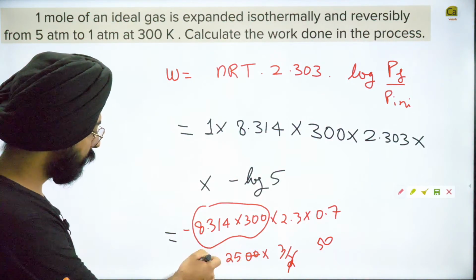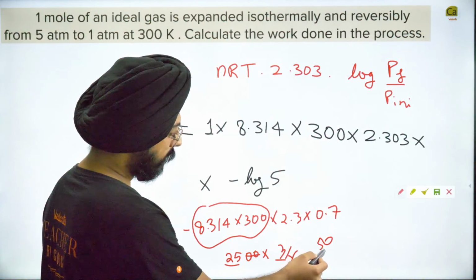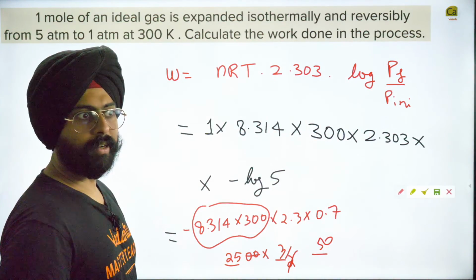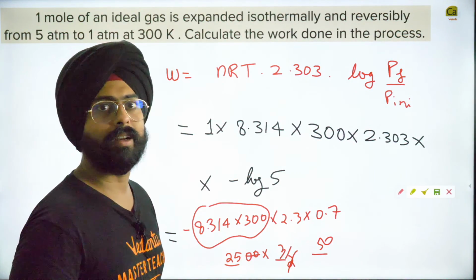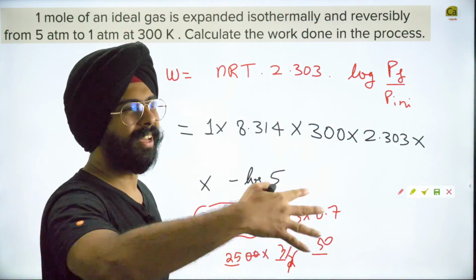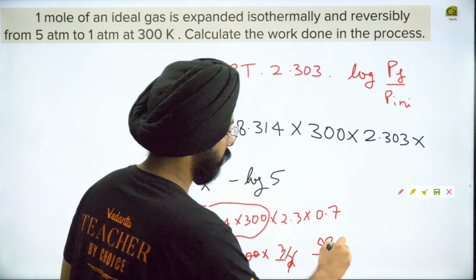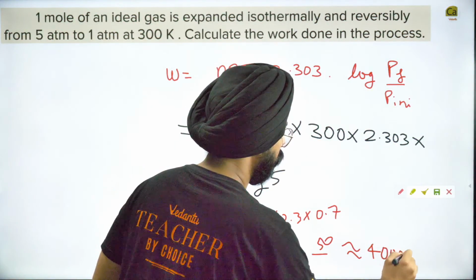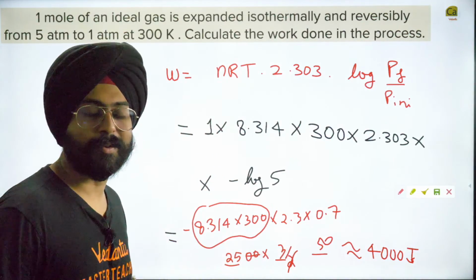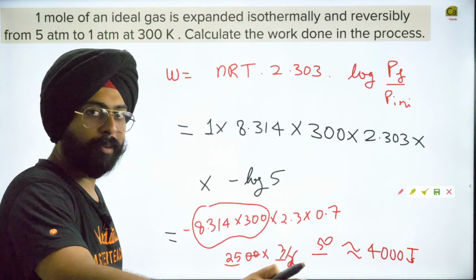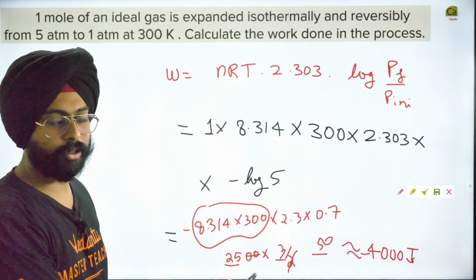So what my approximation says, 25 into 3, 75, so 75 into 50. So 75 into 50 is 750 into 10, 7500 by 2. So 7500 by 2 is approximately 3800. So answer should be approximately 4000 joules. Very bad approximation, but again in the examination, if the options are far apart, you can use this approximation. There will be a minus sign, of course.